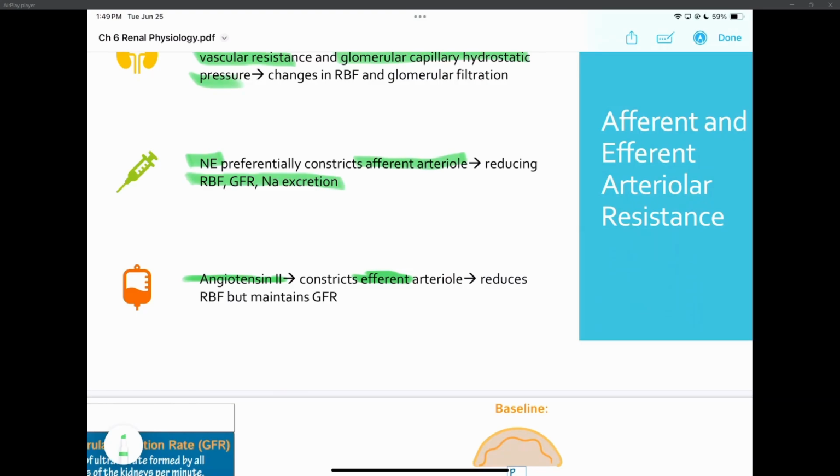What that does, it's going to reduce the renal blood flow through the kidney, but it's going to maintain GFR. So you have to know norepinephrine is the afferent, angiotensin II is the efferents. I don't know why they're not so much easier to remember if they were opposites. NE goes to the E, angiotensin goes to the A, but it doesn't work that way.